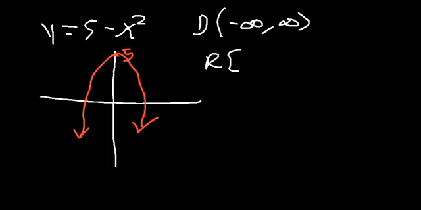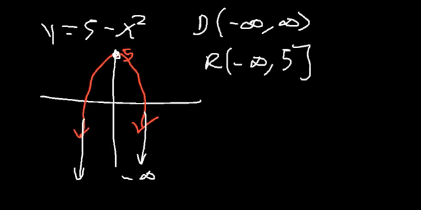The range though, your lowest y value is negative infinity because these arrows will go all the way down. Your highest y value is at 5. So from low to high, negative infinity to 5. It stops at 5. So for your domain, you're looking at it from left to right. For the range, you're looking at it from low to high, or bottom to top.